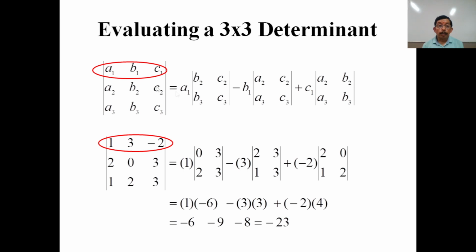The second element takes a minus sign, and its value is minus B1 times the 2 by 2 determinant left after the first row, second column are cancelled out. Similarly for C1, the first row, third column are cancelled out, and the cofactor matrix of the remaining elements is in the form of a determinant.